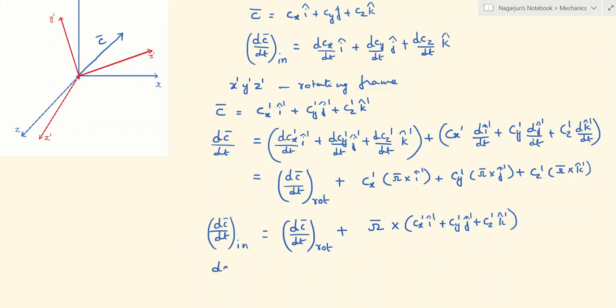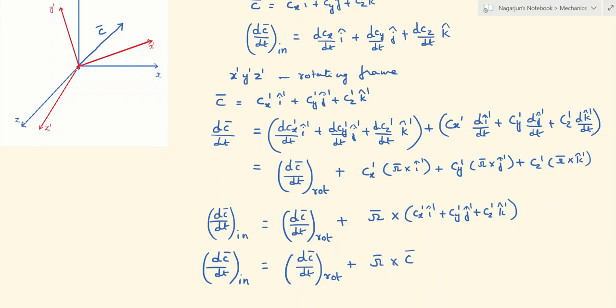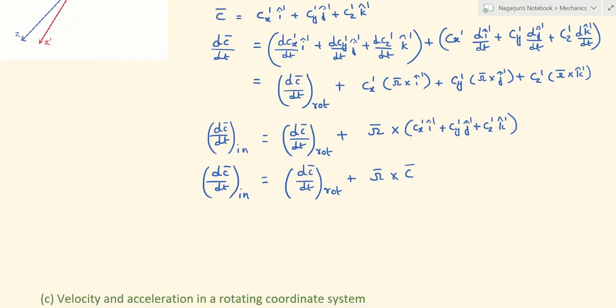Or dc bar by dt with respect to the inertial frame can now be expressed as dc bar by dt with respect to the rotating frame plus omega bar cross c bar.